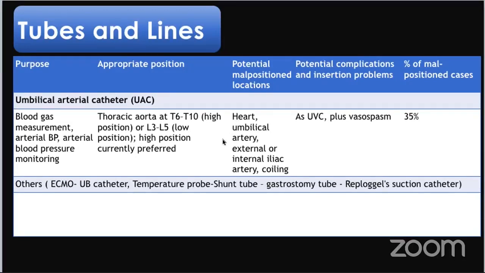The other position is the low position, which is between L3 and L5. Malposition may be in a high position or a low position. The complications are the same as the umbilical venous catheter, adding vasospasm. The percentage of malposition is 35%.